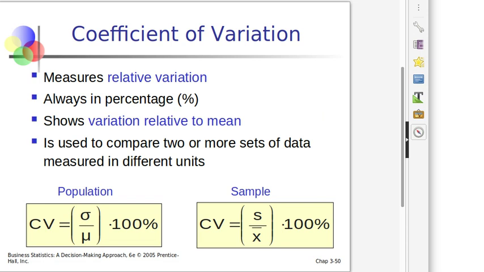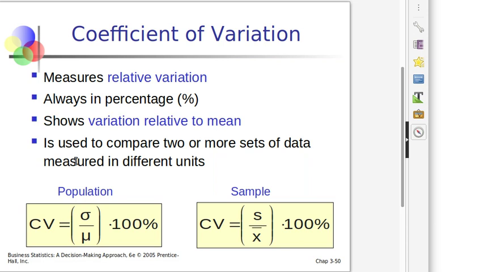Now, the coefficient of variation. This measures relative variation. How relative? It's always in percentage and shows variation relative to the mean, to the center of the data set.